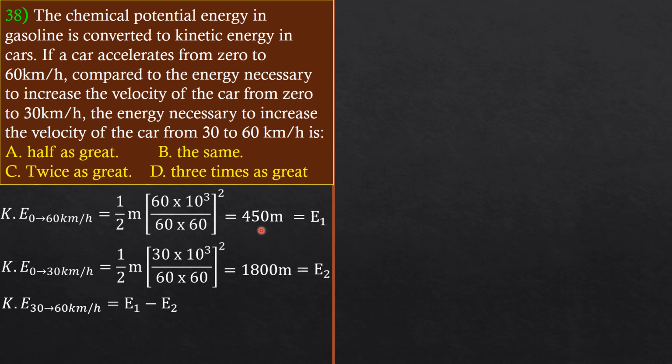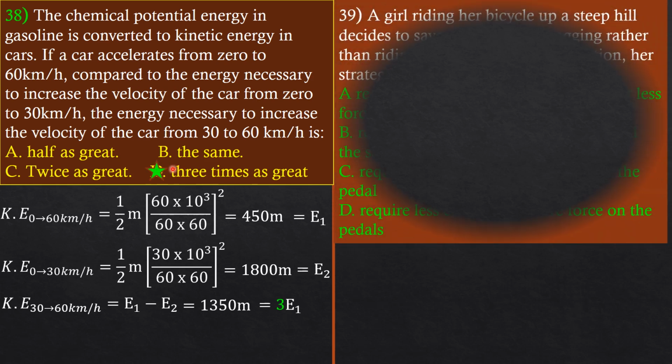So if we do that, we take 1800 m minus 450 m, which gives us an answer of 1350 m, which, if you observe, is 3 times E1. So the right answer here has to be 3 times as great. So option D is the best option.